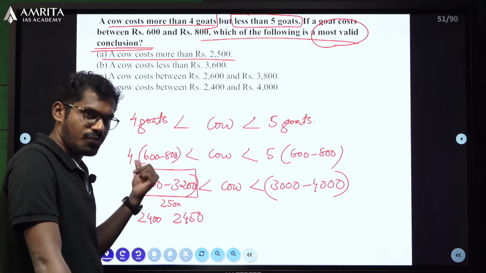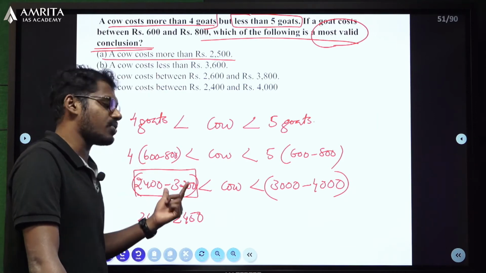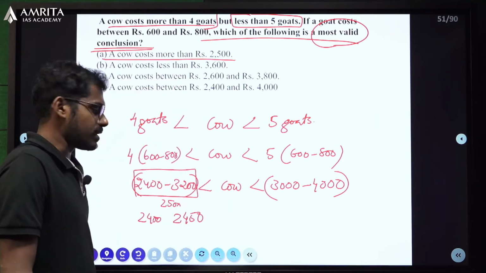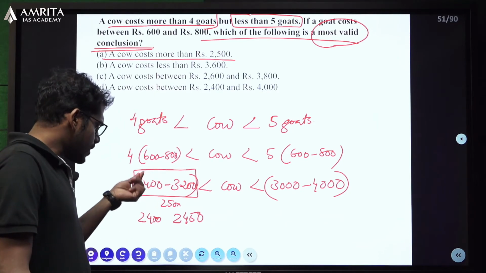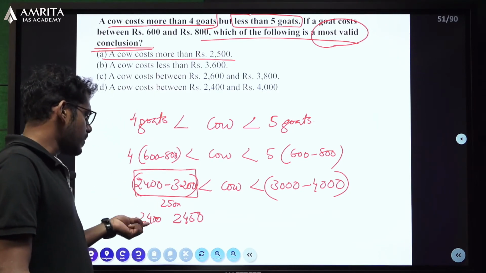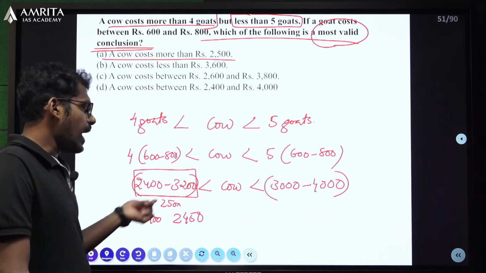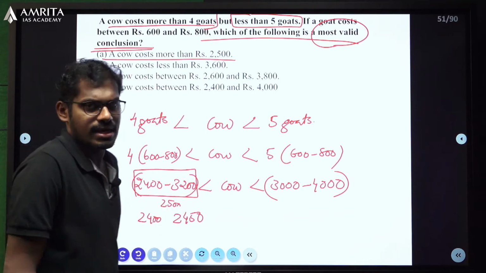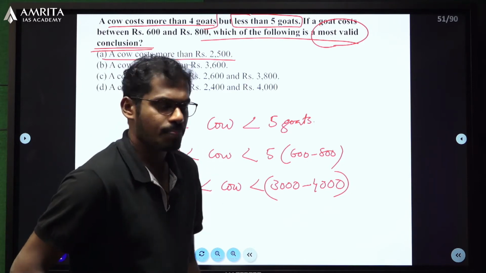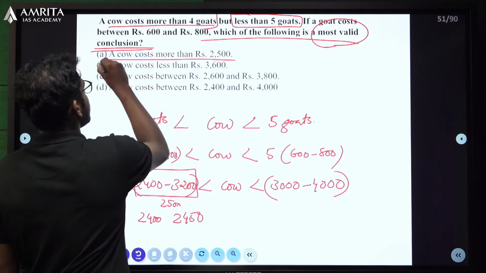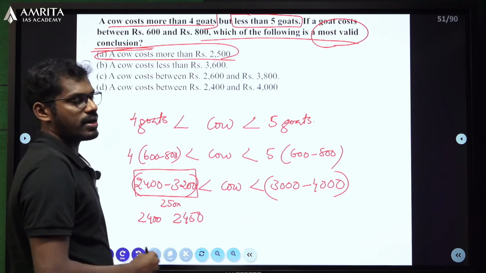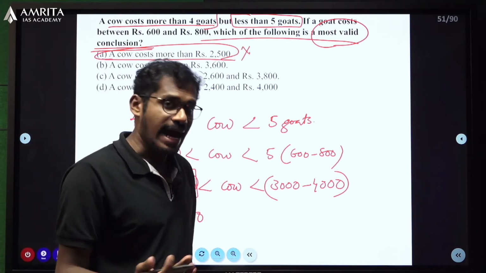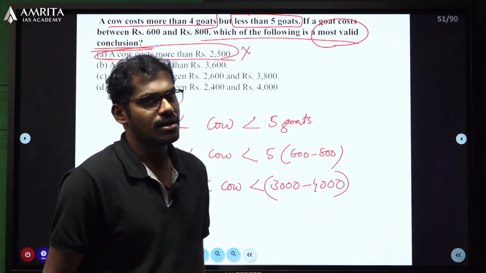Because the cost of 4 goats ranges from 2400 to 3200. Clear? Okay. If the cost of 4 goats is 2400 and the cost of a cow is 2450, is there anything wrong? No. Then how can we say that the cow costs more than 2500? So it cannot be a valid one. It can be wrong and it can be true.